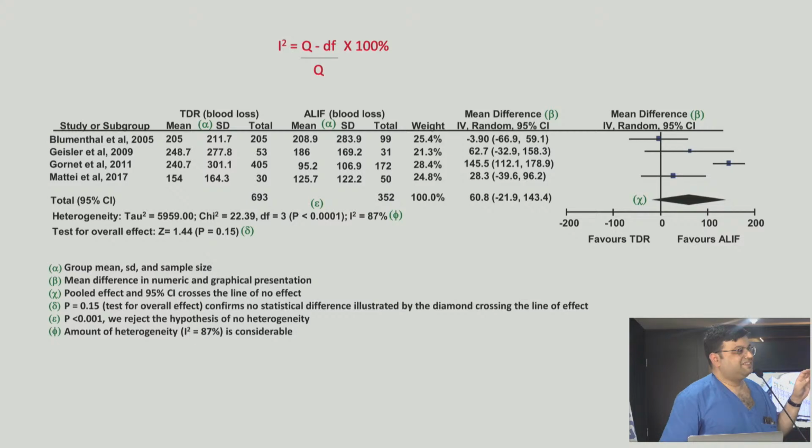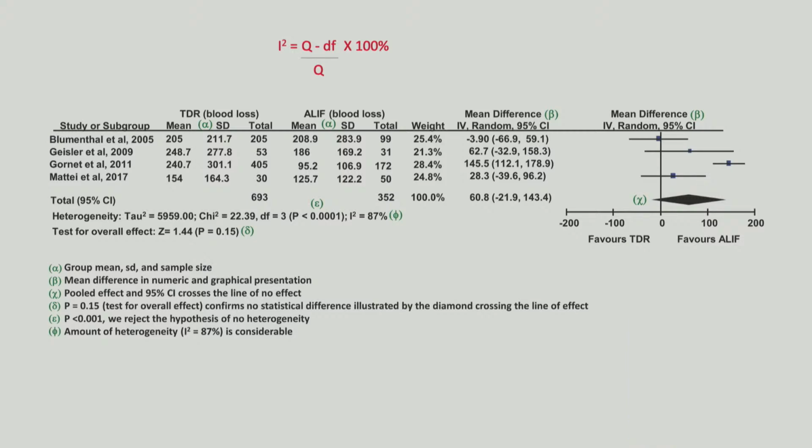So the size of the diamond exactly does not signify much, because if there are more than one diamonds, then we can say that one diamond is larger than the other diamond. The center of the diamond means the overall effect. For example, you see that 60.8, the mean difference, in the bottom column. You see the figure of 60.8, right? So the center of the diamond means 60.8.